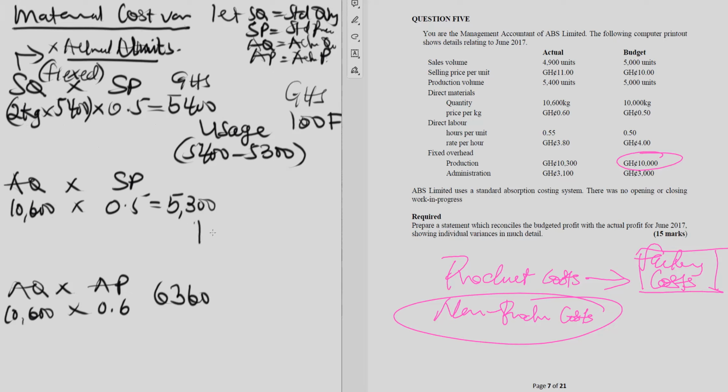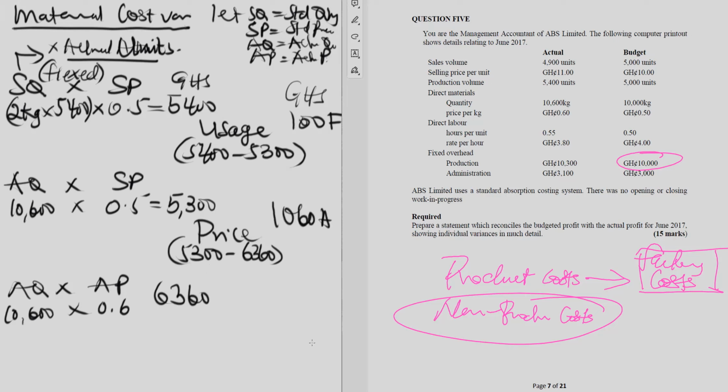When it comes to the price, it should be adverse because we spend more. So price is just the difference. So it's top minus bottom, 5,300 minus 6,360. And the difference is the variance. That gives us 1,060 adverse.